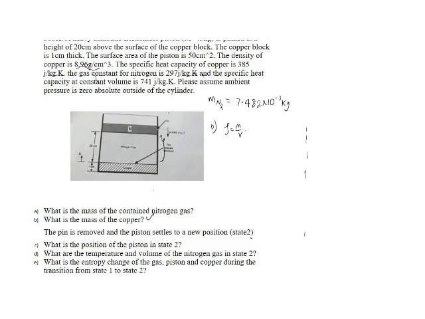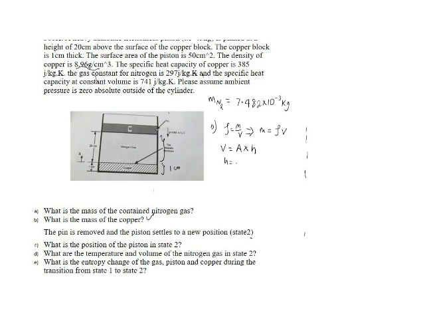From this formula, we can say that mass is equal to rho times V. Again, volume is not given, we have to calculate it. The volume of our copper is the area multiplied by the height which our copper occupies. This is the height which our copper occupies, which is 1 centimeter.